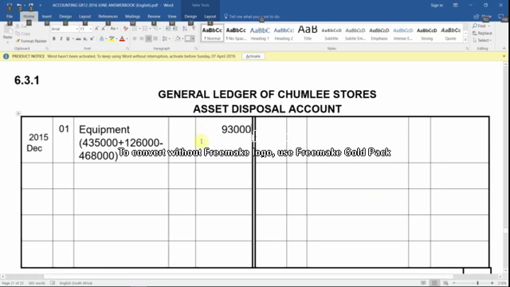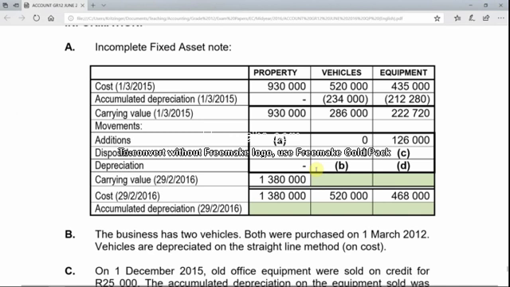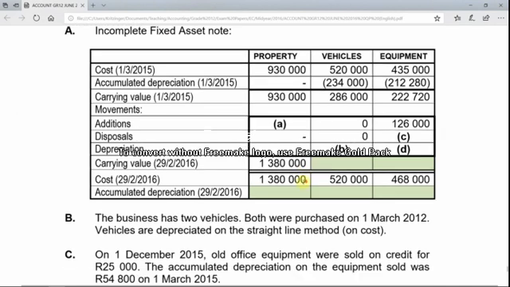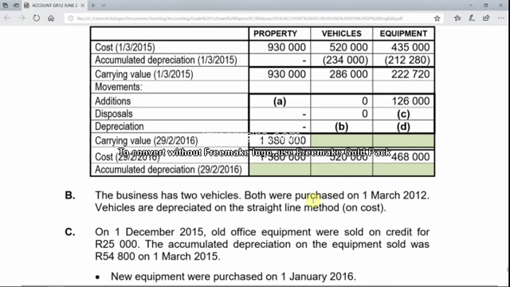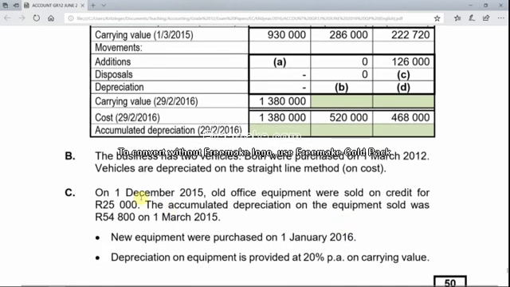Okay, so the next step is to get rid of the accumulated depreciation. But since this asset was sold during the year, we first have to calculate the portion of depreciation for the time that we did in fact have this asset during the year. So the year starts on 1 March 2015. So we have to count.